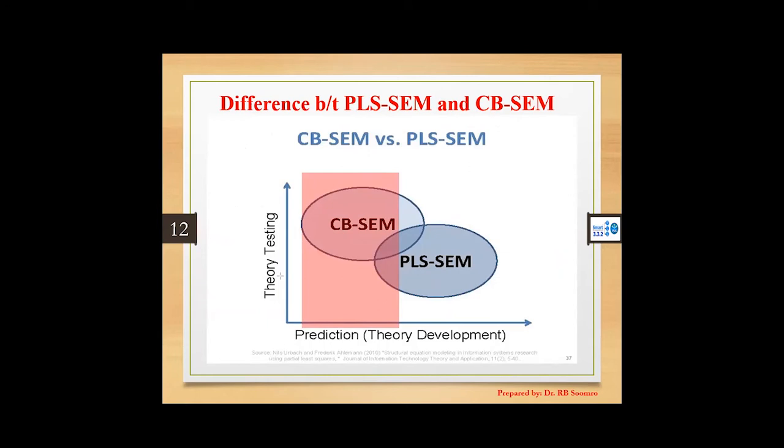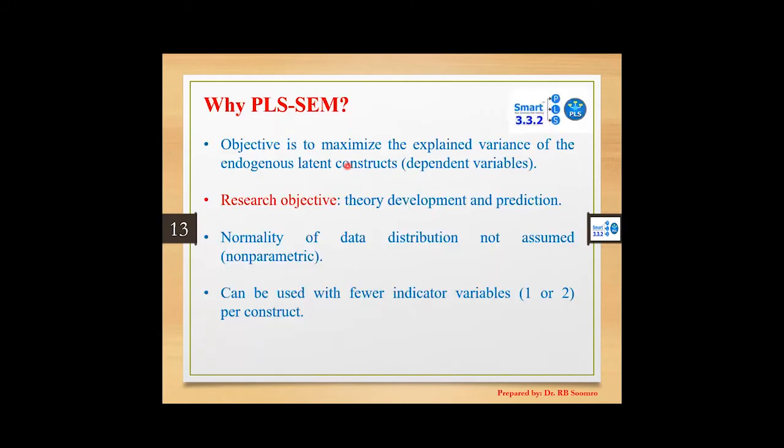Like I already told you, if you want to apply the theory of brand behavior to understand the purchase intention of your customer, then the CB-SEM approach is good because it majorly focuses on testing theory. Otherwise, if you want to develop a theory, if your work is exploratory, then PLS-SEM is a good approach for you. Dear viewers, now we are coming here. Why?